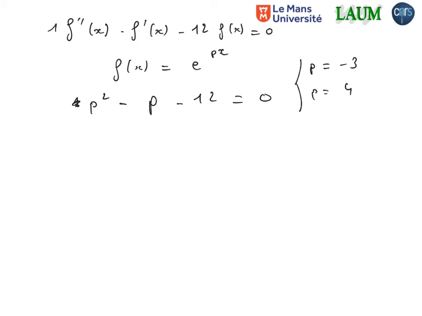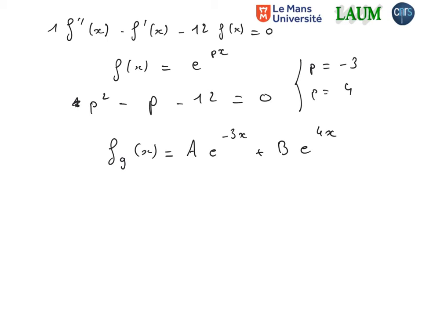Because the product is equal to minus 12 and the sum is equal to 1, we have the two roots of the polynomial. So we see that the general solution fg of x can be written as a e to the minus 3x plus b e to the 4x. These are two constants that we don't know, and we will use the initial conditions to find them.